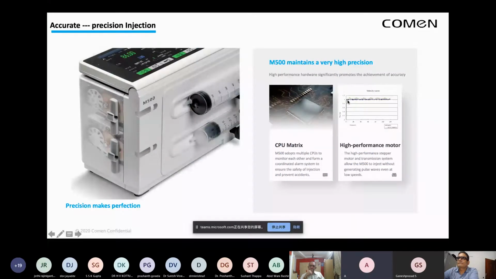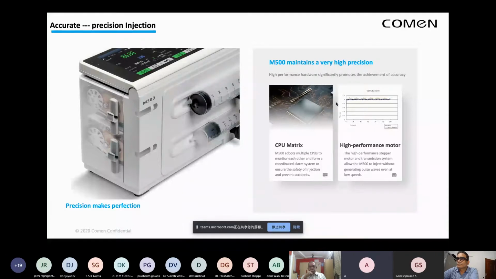The black waveform is for all syringe pump motors. It is very, very stable, which guarantees the syringe is always in a stable situation. Compared with a normal syringe pump, whose output goes up and down, up and down, this one, no matter the speed or the pressure, will always output whatever parameter you set up.